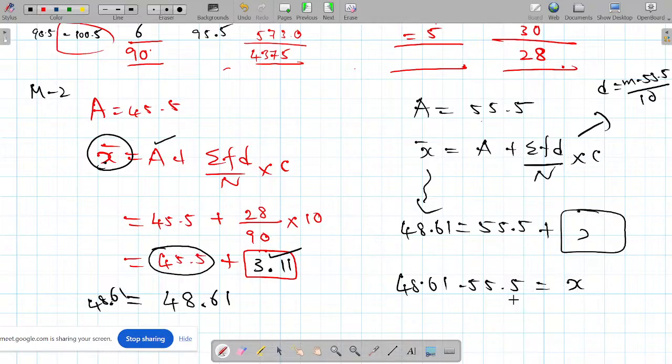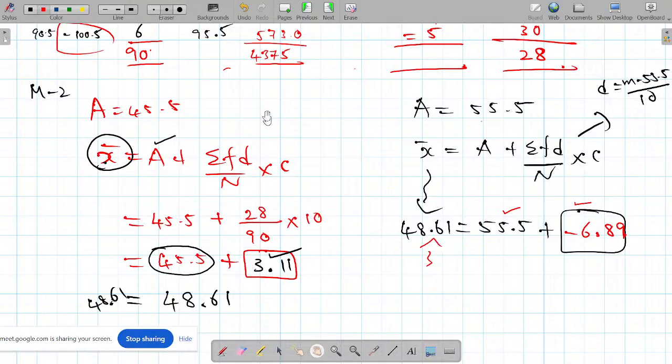What's the value? Plus or minus? That's the value I want. Just take the help of the calculator. Minus 6.89. Exactly. I'm taking two decimals. So if you take 55.5 minus this value, you will get 48.61.